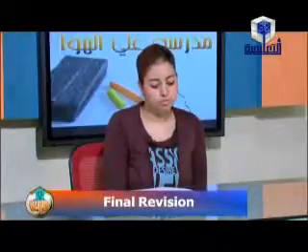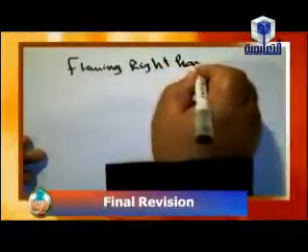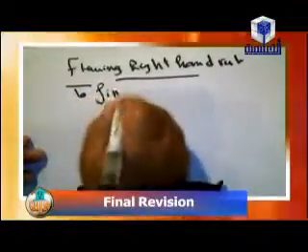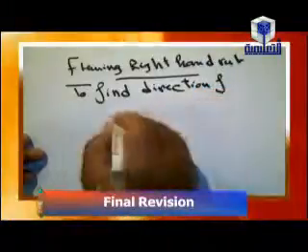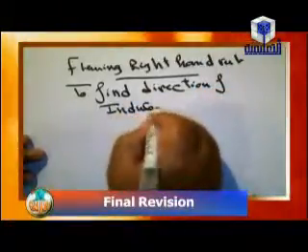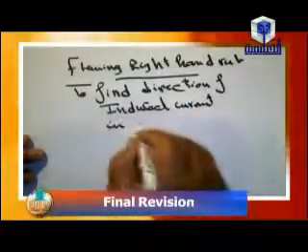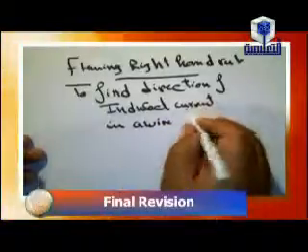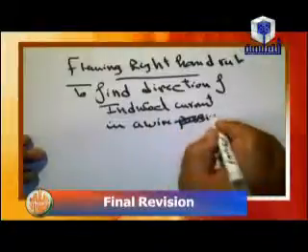Number 2, Fleming's right hand rule. Fleming's right hand rule is used to find the direction of induced current in a wire moving in a magnetic field.